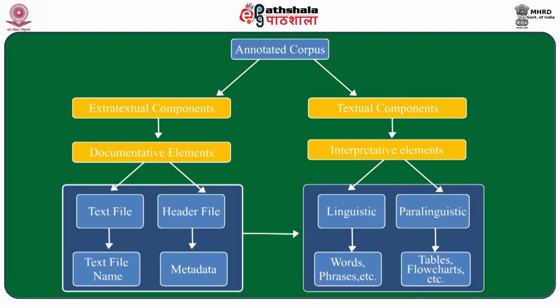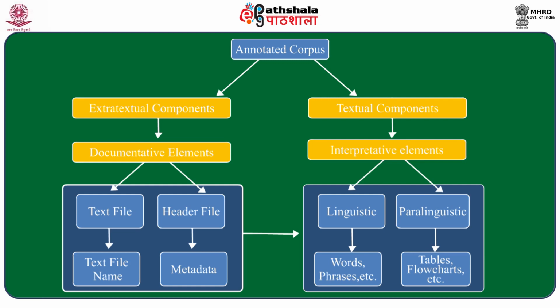We need to interpret the word to understand the meaning, interpret the sounds of segments to understand the words or letters, and interpret the syntax to understand the sentence structure. So these are interpretative elements in the text.